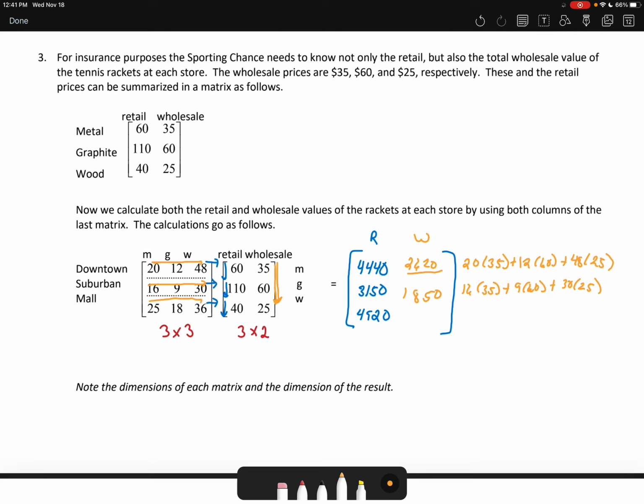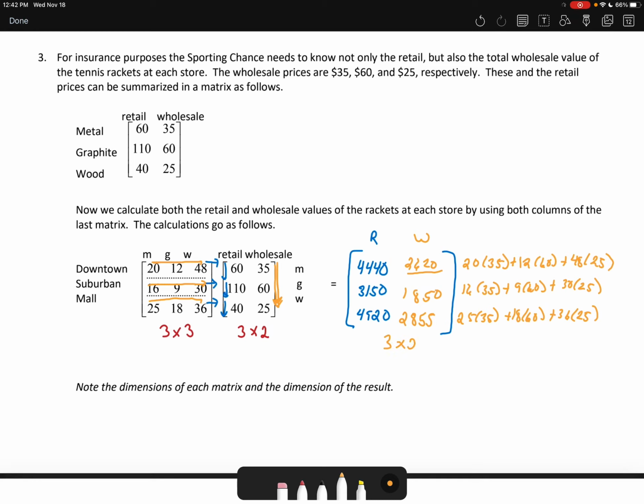And finally, across the last row and again down that same column, 25 times 35 plus 18 times 60 plus 36 times 25 gives us 2,855.